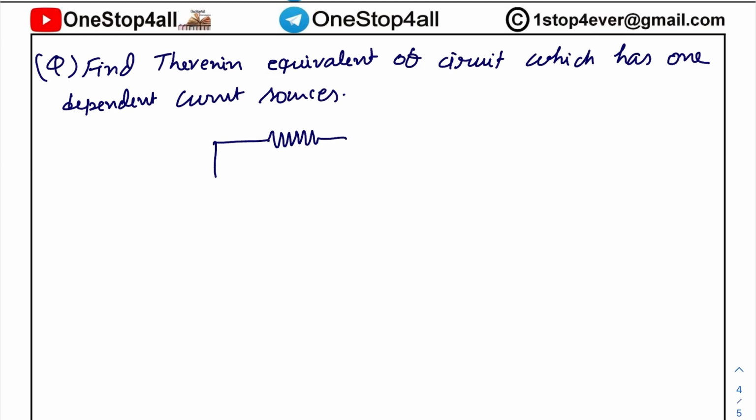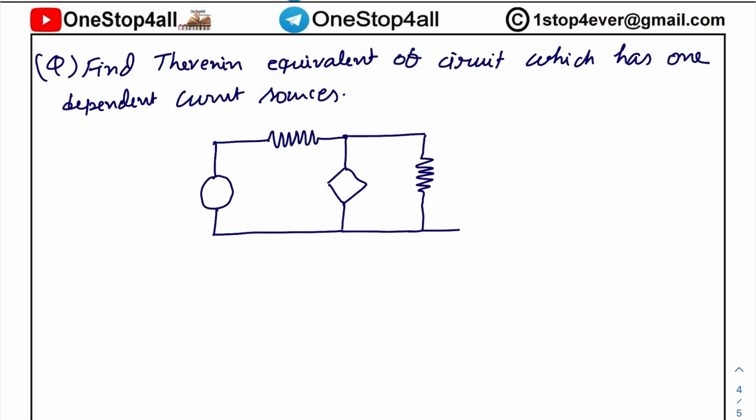Okay, so let the circuit be like this, and there is one current source, and in parallel there is one resistance.